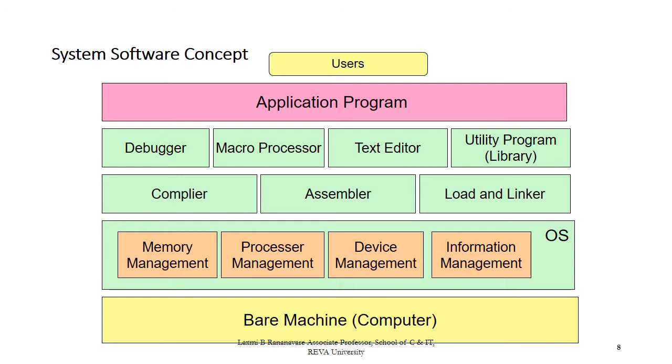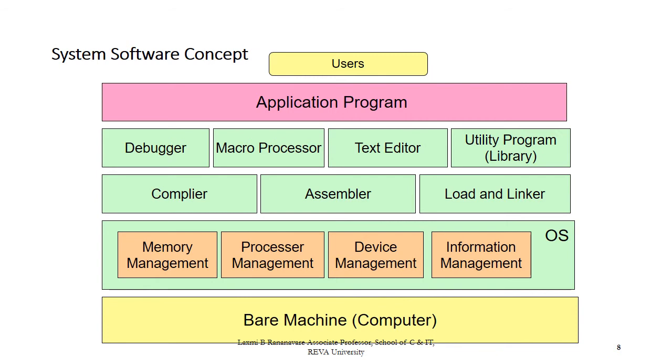This operating system is also called resource manager. It manages 4 types of resources. One is memory, second one is processor, third one is device, and fourth one is information.